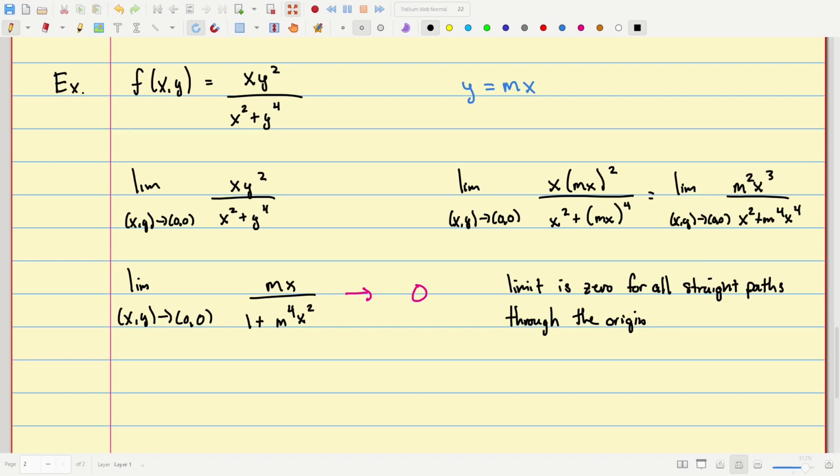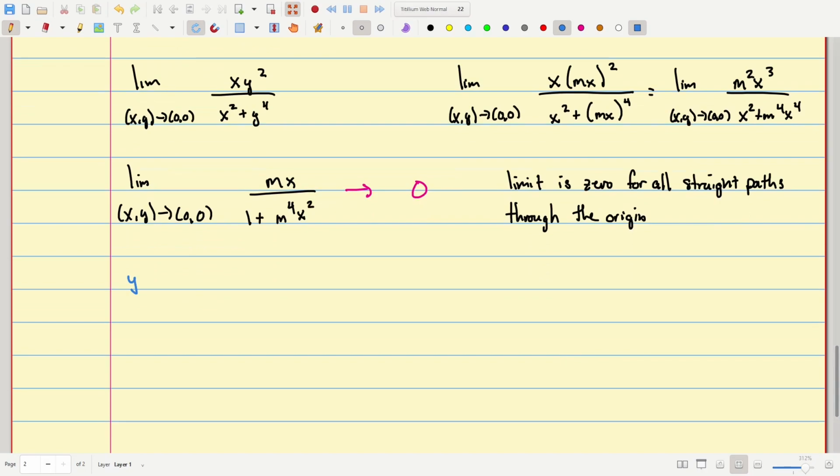One of the things that we can check, in this particular case, is the path x equals y squared. If I rewrite f by plugging in y squared for x, then we're going to get y squared times y squared over y squared squared plus y to the fourth.